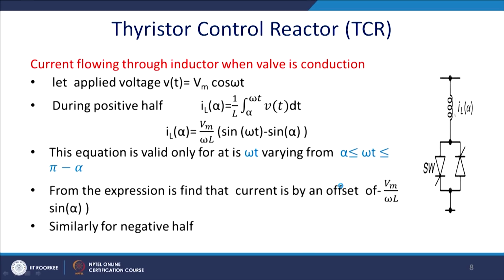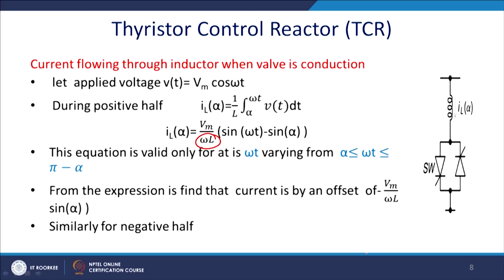We can calculate the value of the current here, since Vt is equal to Vm cos omega t during the positive half cycle. The current IL, which is a function of the delay angle, will be 1 by L integrated from alpha to omega t. Ultimately this becomes Vm by omega L, that is nothing but XL, the impedance of this line, into sin omega t minus sin alpha. This equation is valid for omega t varied from alpha to pi minus alpha.